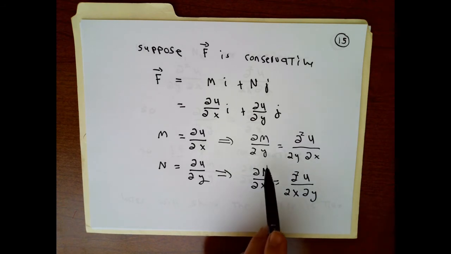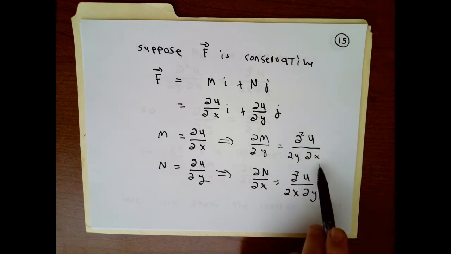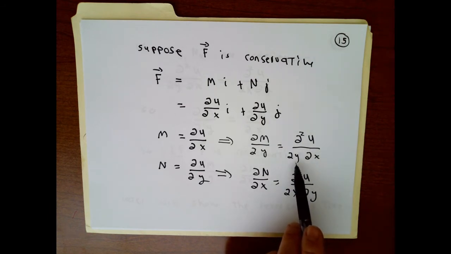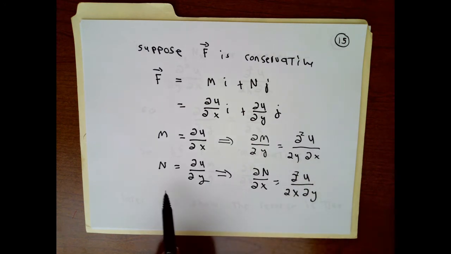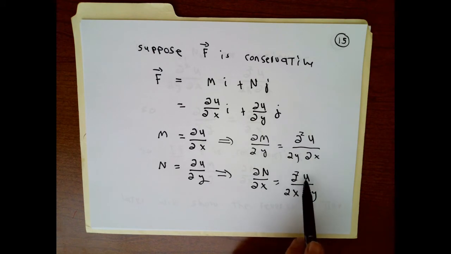If that's the case, partial of m with respect to y is the second partial of u, first with respect to x and then with respect to y. Partial of n with respect to x is the second partial of u, first with respect to y and then with respect to x. And you'll remember, if these partial derivatives are continuous, then this quantity and that quantity are the same.